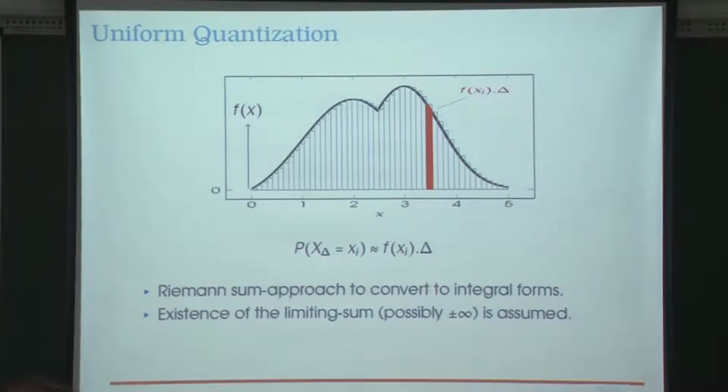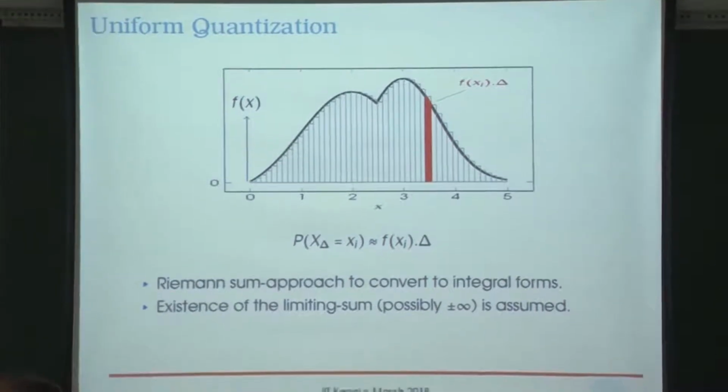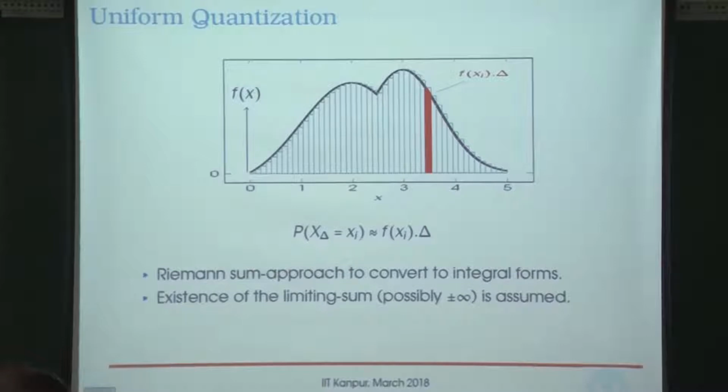We will take that they exist, but it can possibly be plus or minus infinity, that is fine. But it should not be infinity plus infinity or infinity minus infinity. Those kind of operations between infinities are not allowed. Things can go one way to infinity, which is fine.